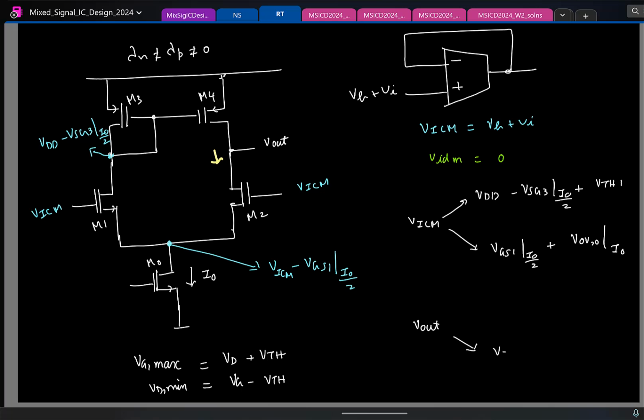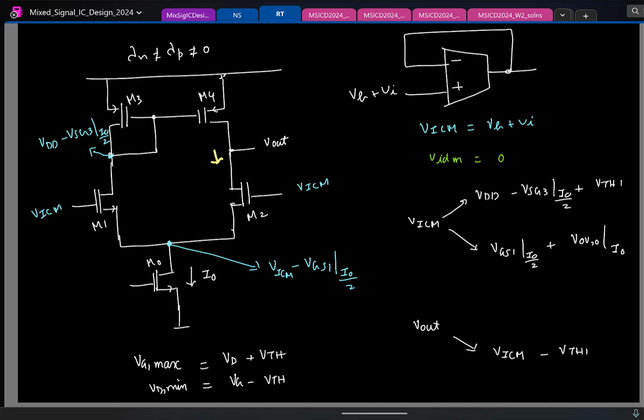So it's going to be whatever VICM you have minus VTH of transistor M1 or M2. Doesn't matter. Okay. So this is clear. If I keep reducing the drain voltage, this can go out of saturation, and the minimum it can go is one threshold below the gate voltage.